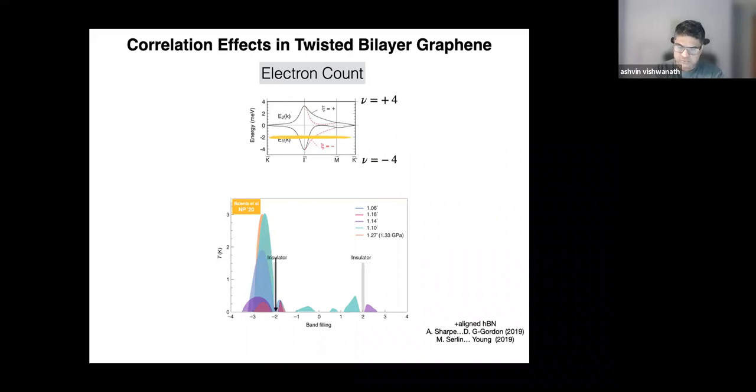That's called nu equal to -2. And a little bit below that in chemical potential is where most of the reports of superconductivity have appeared. That's shown in this nice review article that compiles many of these experiments. You see many of these superconducting domes on the left of this nu equal to -2 insulator.